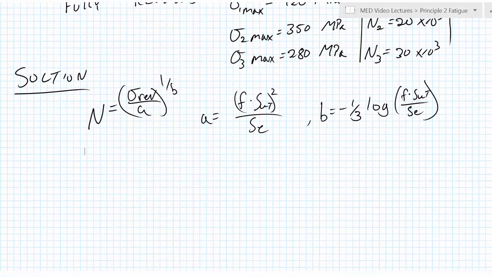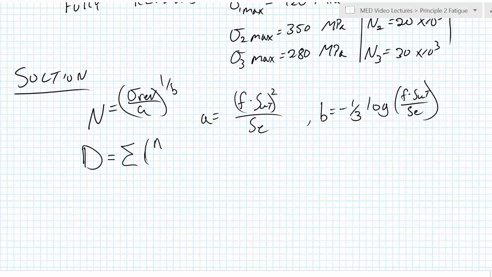So the damage we're going to calculate from a combined amount of loading is the sum of all the pieces of loading. So we'll do sum, and this is the number of cycles for a particular stress that we're at compared to the number of cycles that it would take for that part to break.